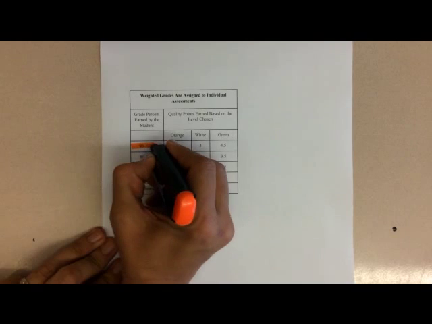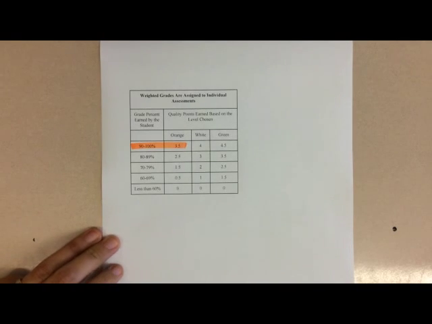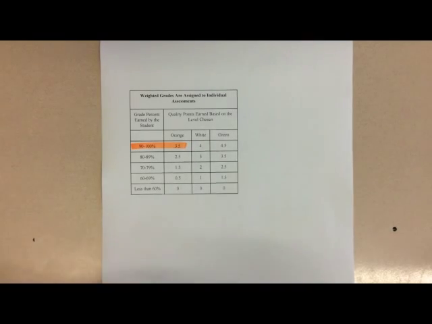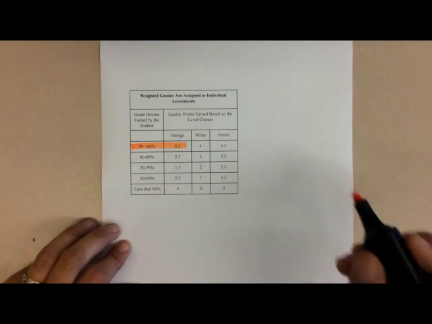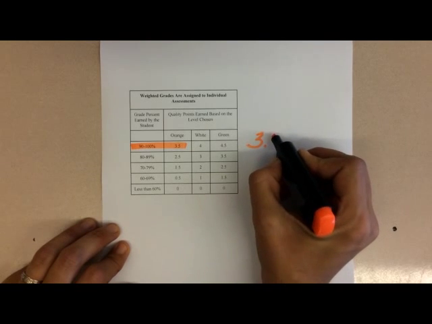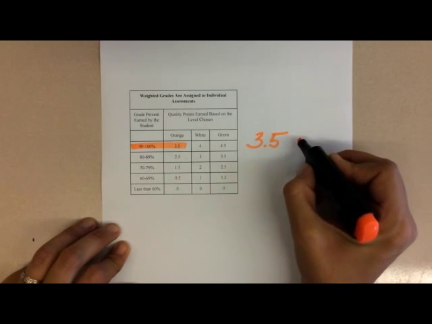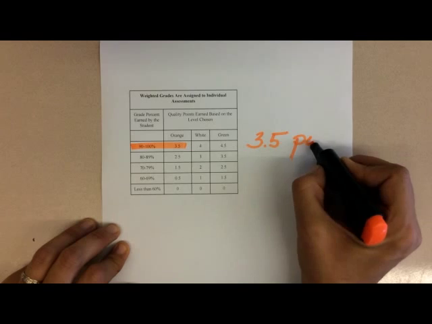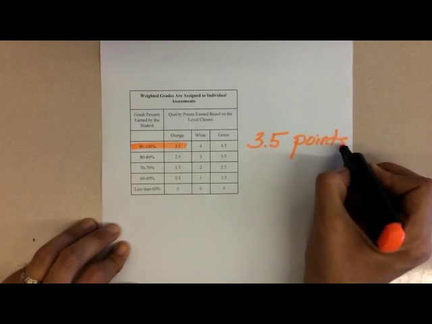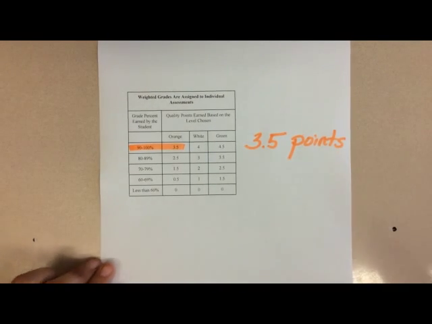For a 90%, that student earns 3.5 grade marks, which earn that student a B+.